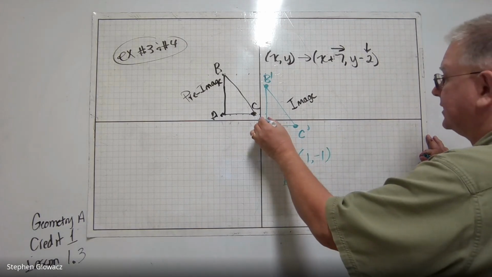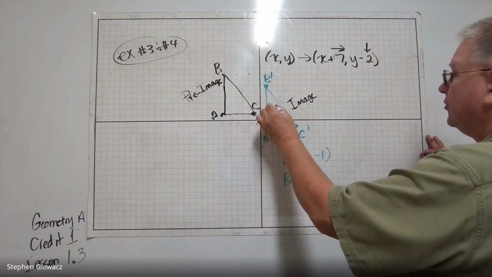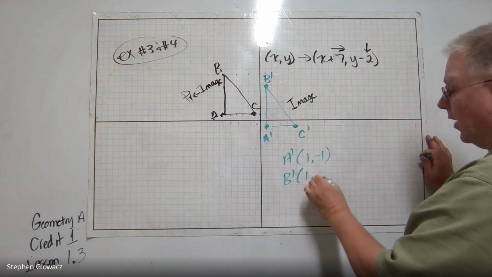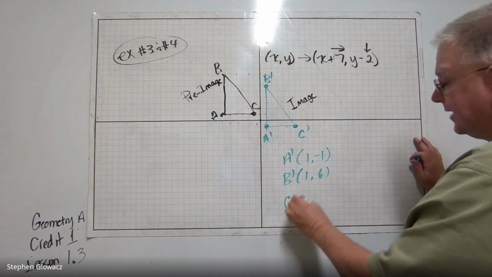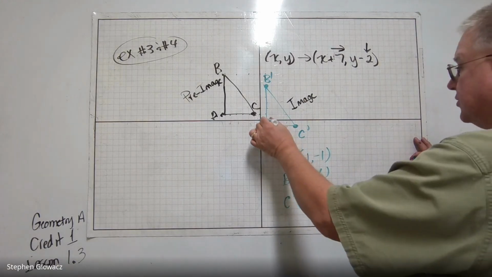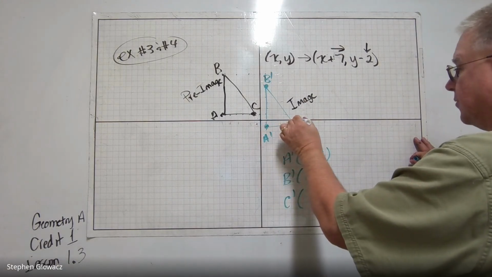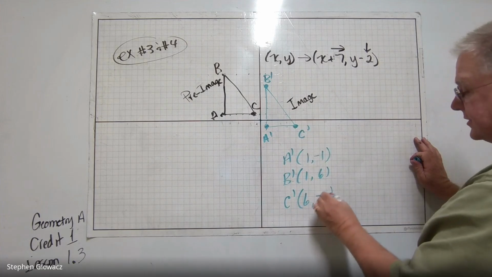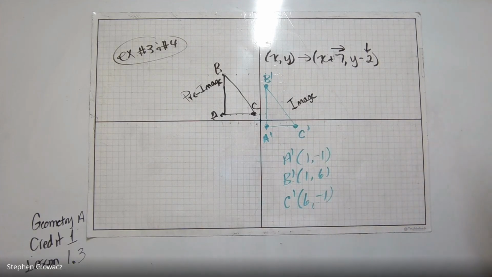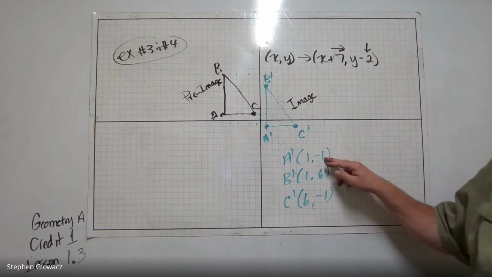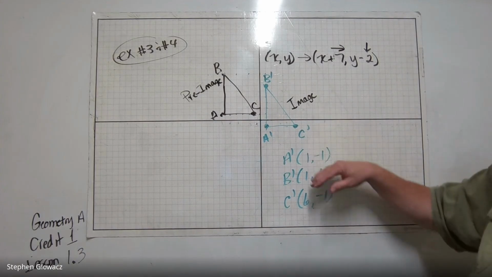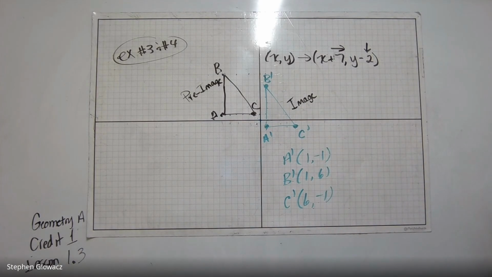B prime is 1 to the right, and then 2, 4, 6 up, so (1, 6). And finally, C prime is 2, 4, 6 to the right, and 1 down, so (6, -1). In the packet, they're only going to ask you to identify one of these points, but just for practice, we did all 3 here. So that's your example for problems 3 and 4.